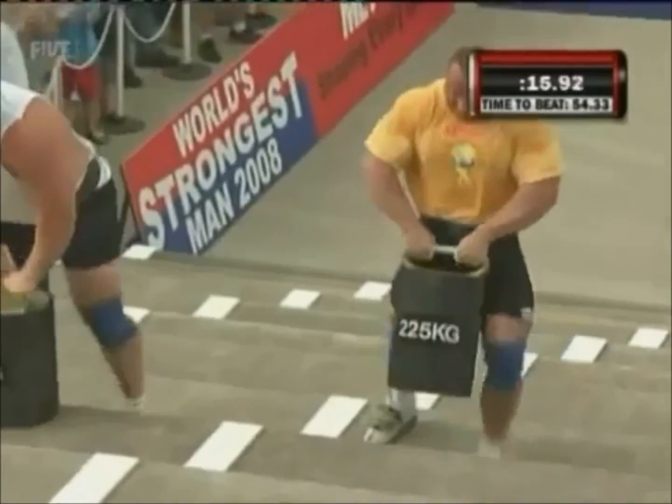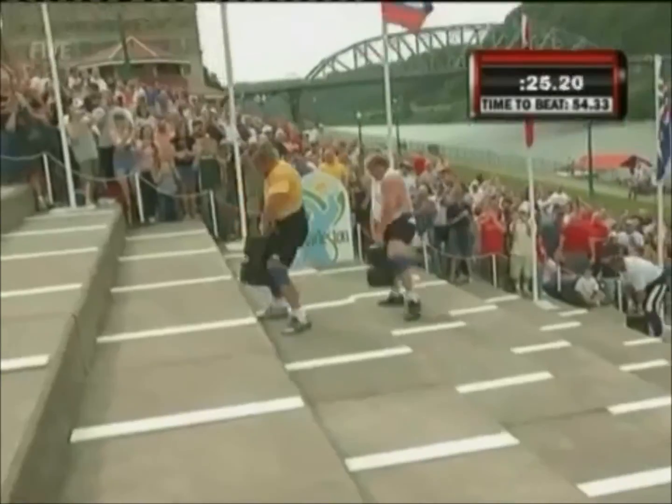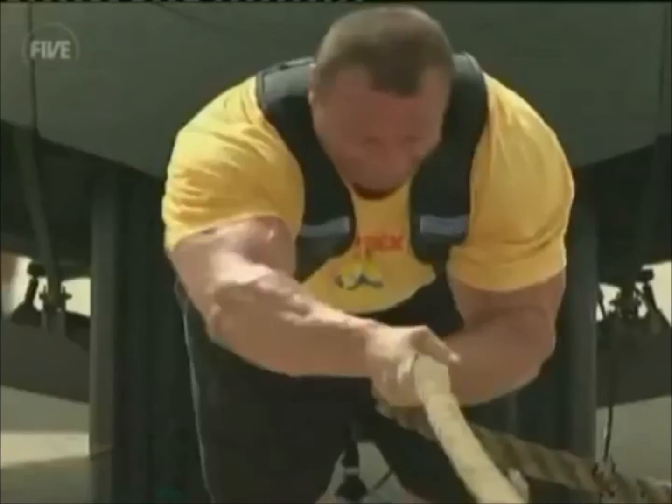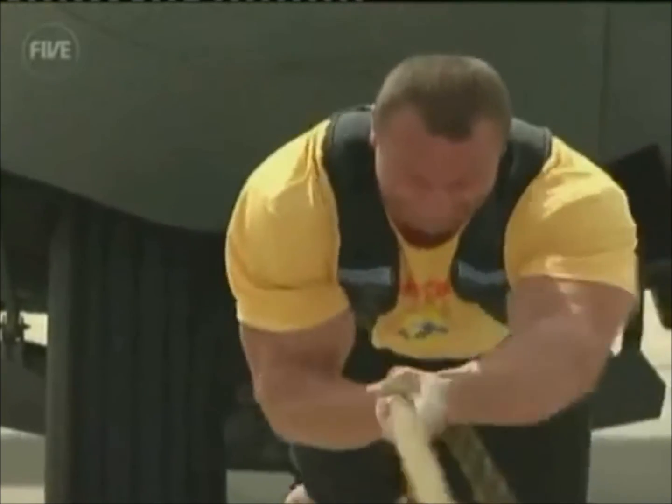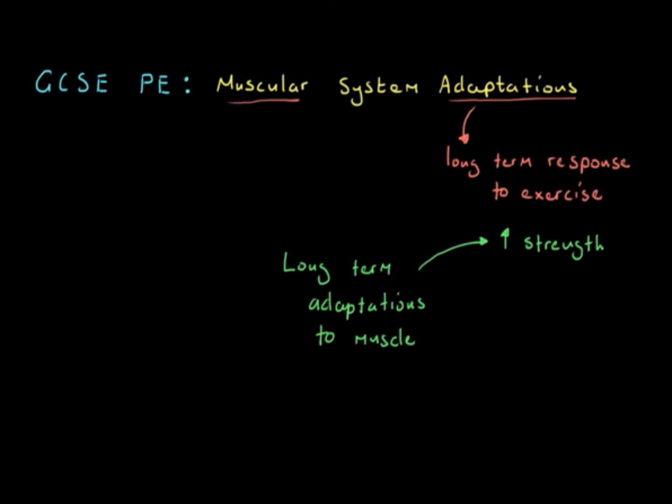However, this took lots and lots of training for his body to adapt. He didn't just wake up one day and was able to carry 200 kilograms up a flight of stairs, nor did he just wake up and decide that he's going to pull a plane along a runway. He had to train in order for that to happen. He adapted to the training that he underwent, and he was able to do those things.